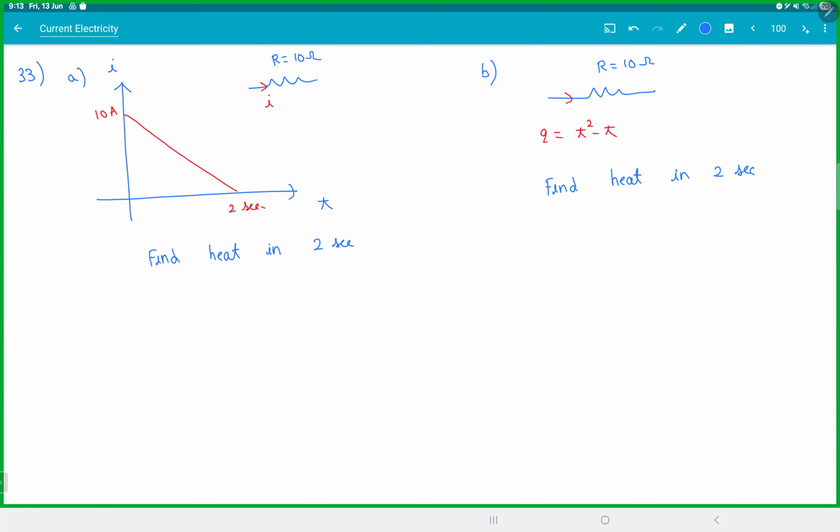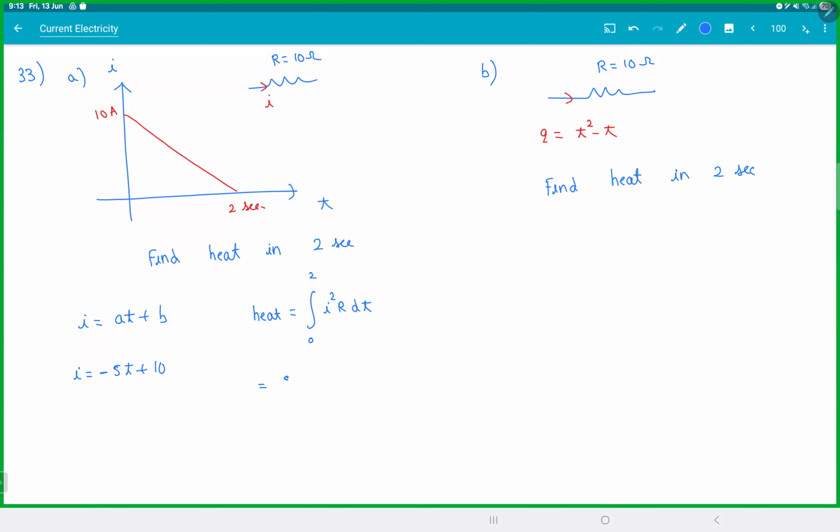First of all, the current is decreasing linearly. It's a linear function. You can write I is equal to At plus B. At t is 0, current is 10 ampere, and when t is 2 seconds, it is 0. The slope A is minus 5. You can clearly see I is equal to minus 5t plus 10. That's your linear function. So heat produced will be the integral of I square R dt from 0 to 2 seconds.